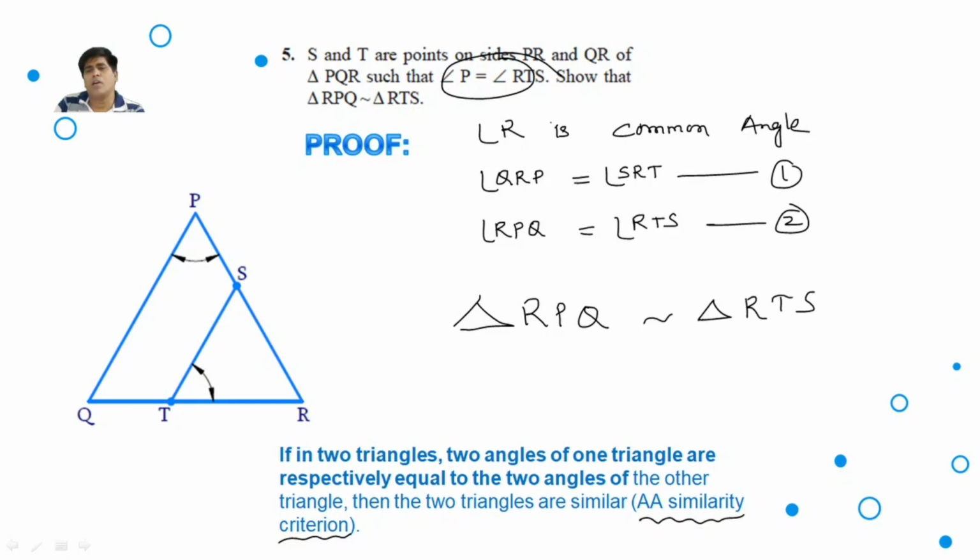We got it by the AA criterion. So by the AA criterion, we can declare that these two triangles are similar.